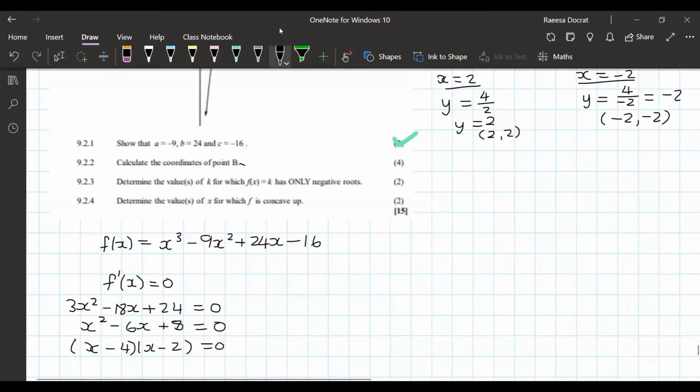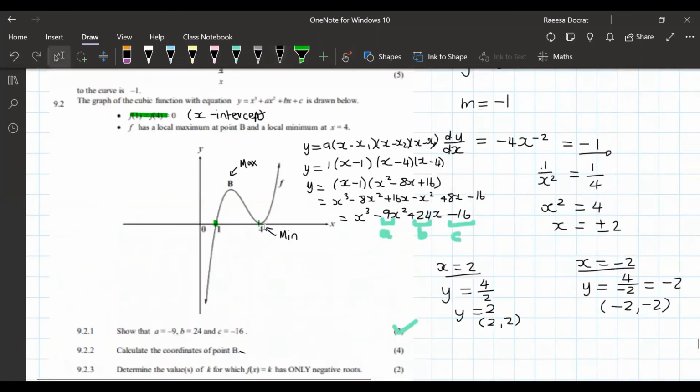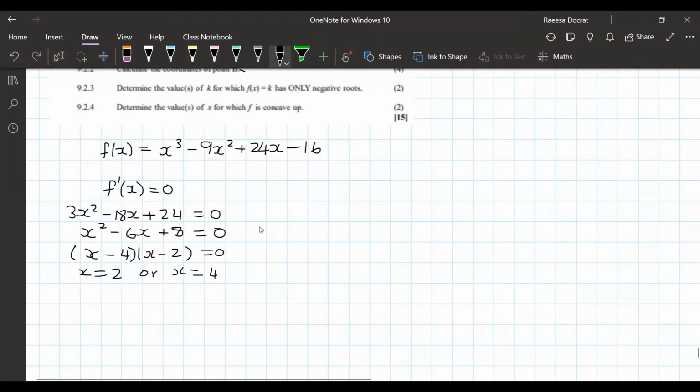So here we get that x is equal to 2 or x is equal to 4. Now we know that x is equal to 4 is the minimum. So for B, we know the x coordinate is 2. And how do we get the y coordinate? Well, we substitute it back into the original one.